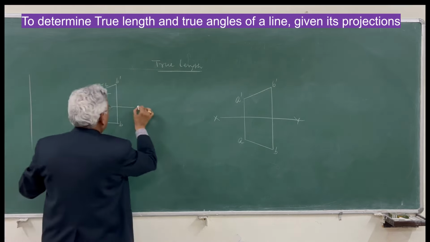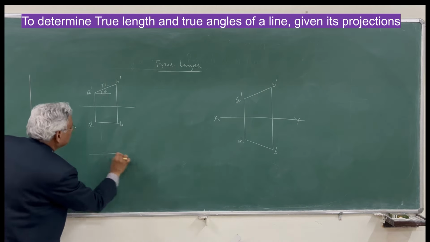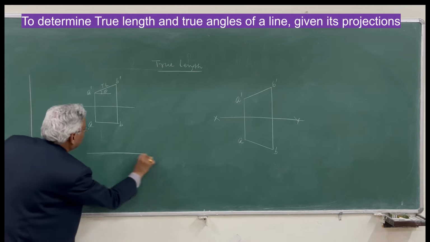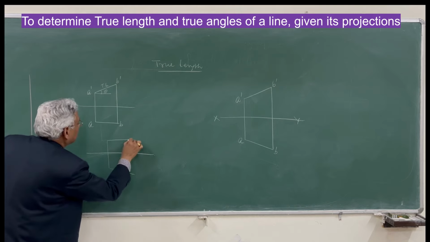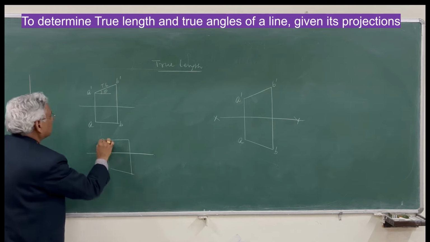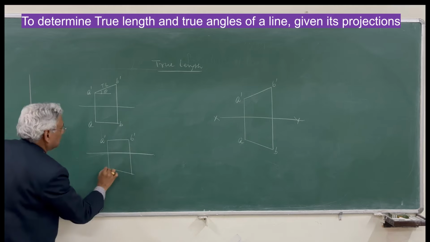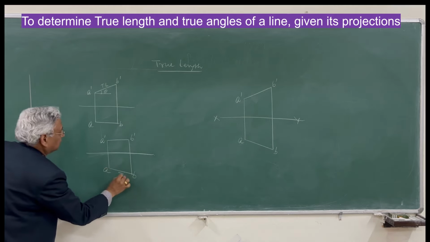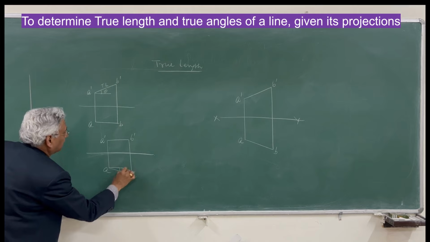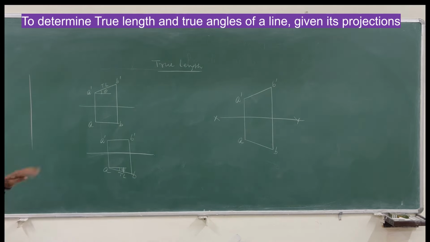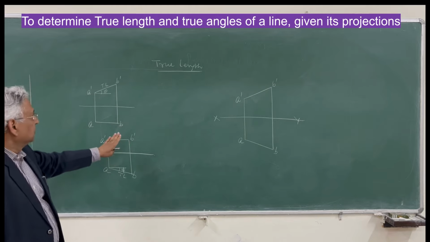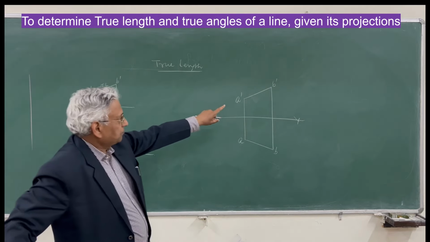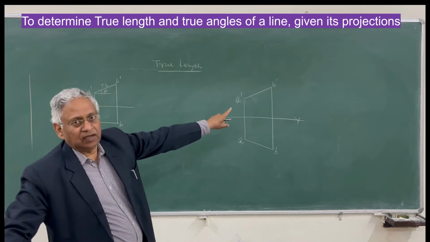And another case was when the line is inclined to the vertical plane, then this is the true length and this is phi. These are principal cases, basic cases.